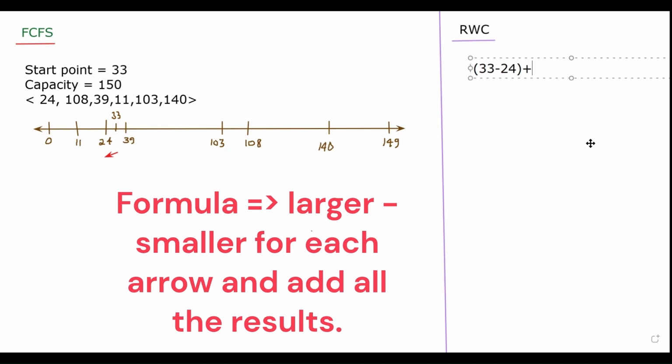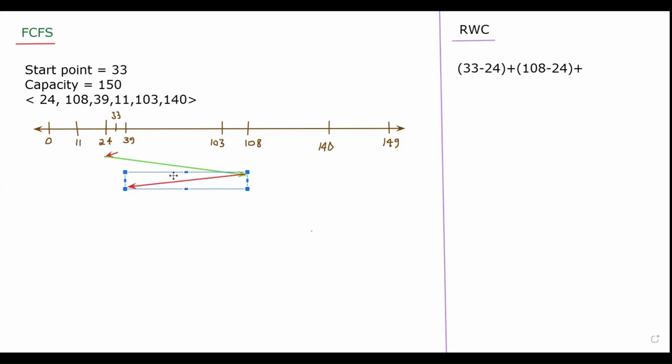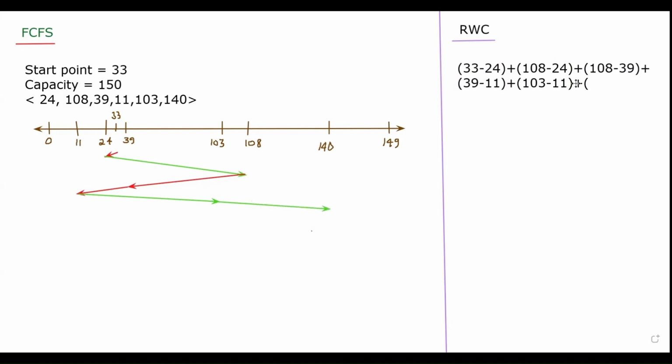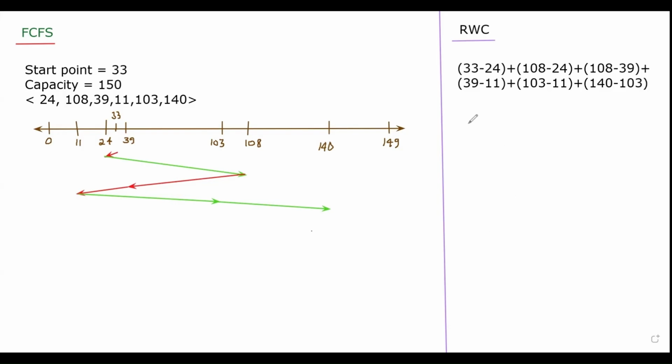I have done it for the first arrow, so I'm going to be doing it for the rest. Let's sum these up and get the final value. It's 319.